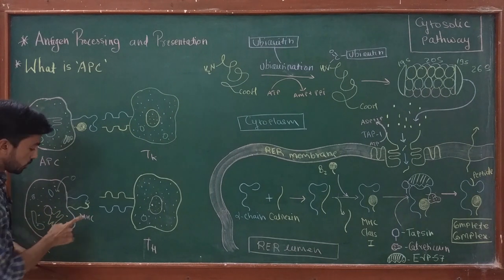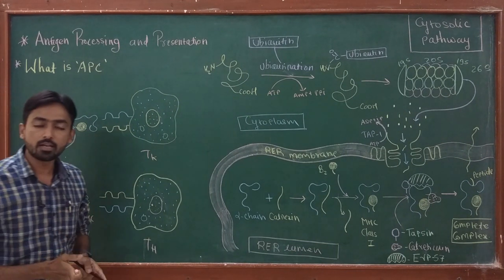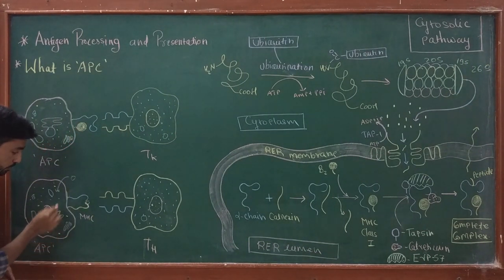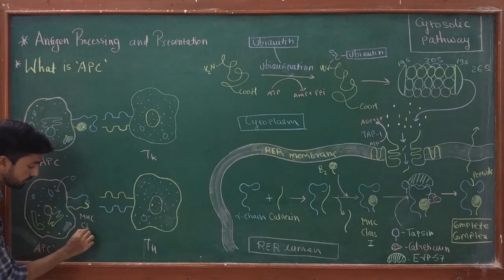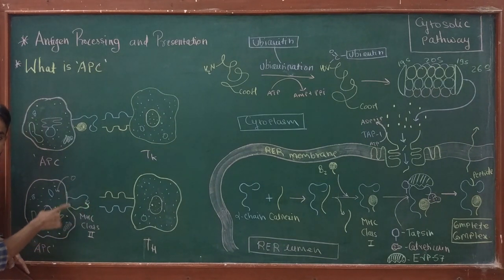Two types of MHC molecules are present on the antigen presenting cell: MHC class 1 and MHC class 2. The antigen presenting cell which presents the antigen to the T helper cell always has MHC class 2 type of molecule on the surface.